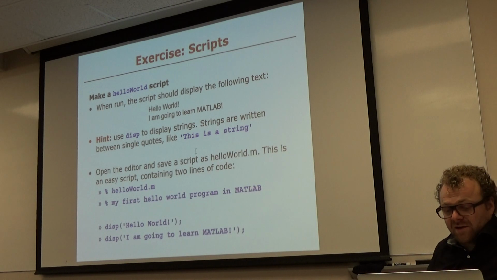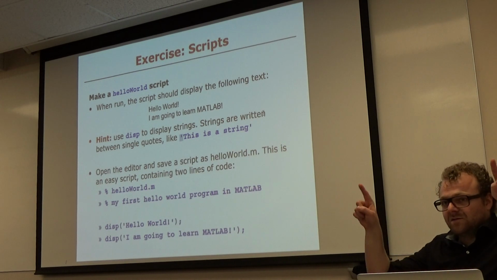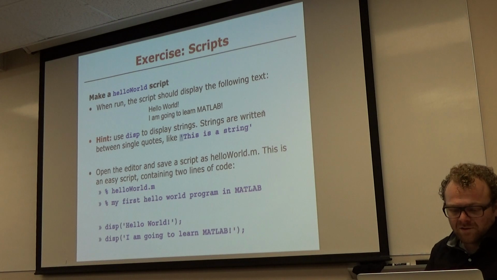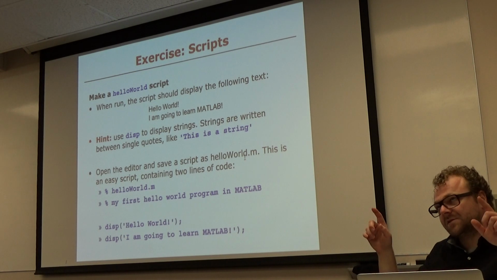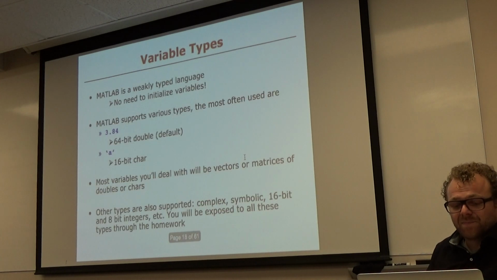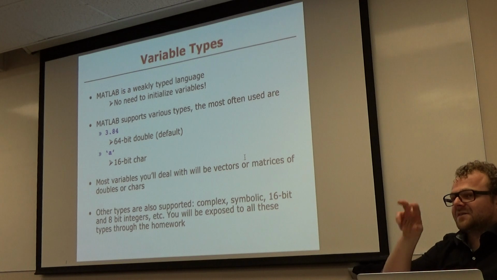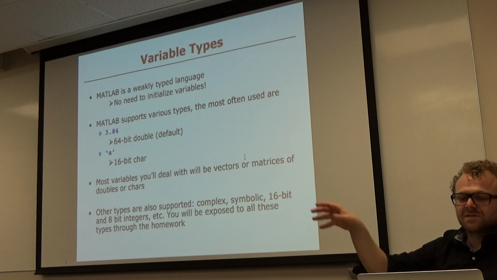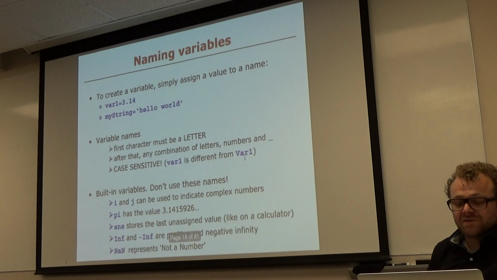So a string is introduced with these single quotes, no, what are these? Apostrophes. Variables, we saw that, you can say A equals something, B equals something. You can make matrices. You can say variable 1 is this.